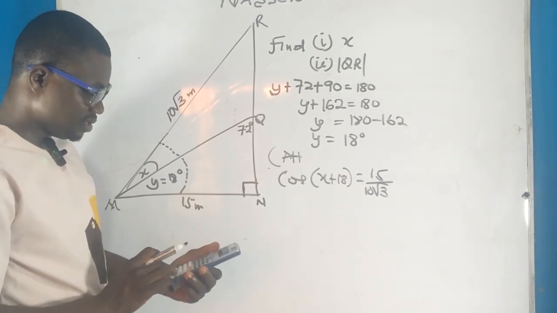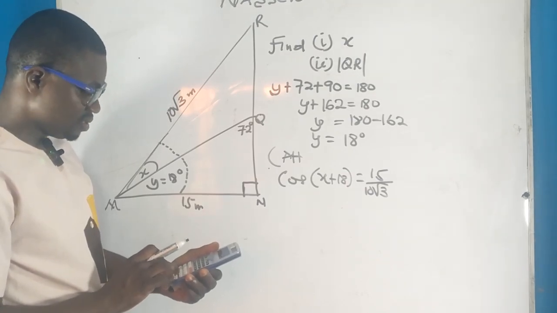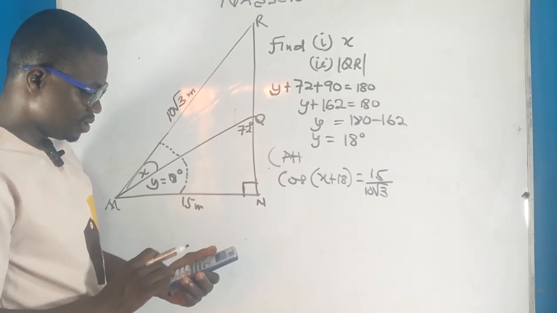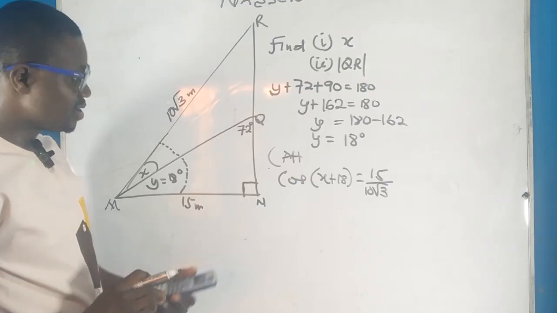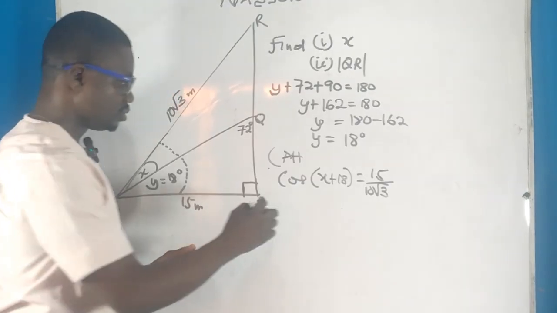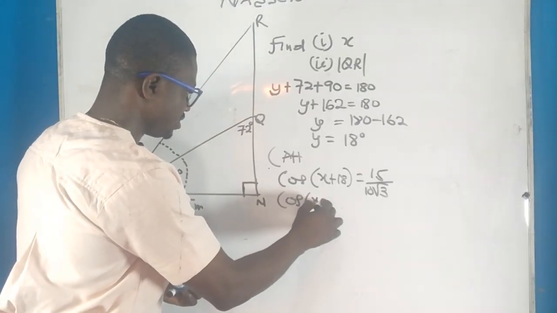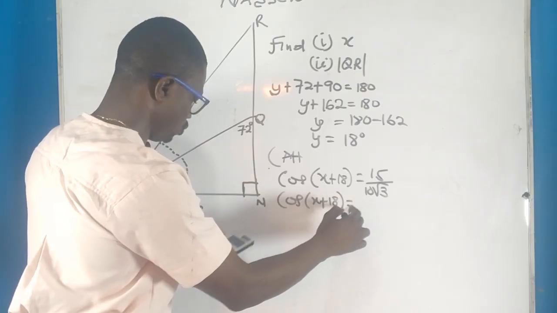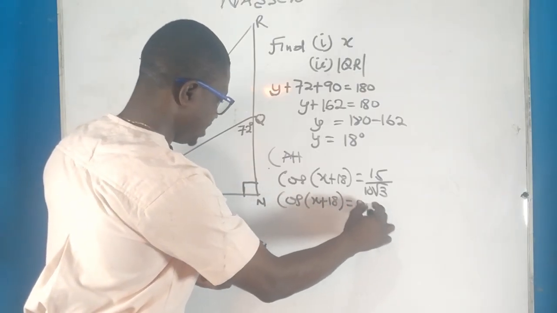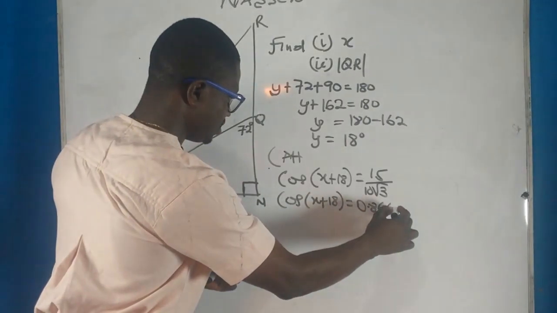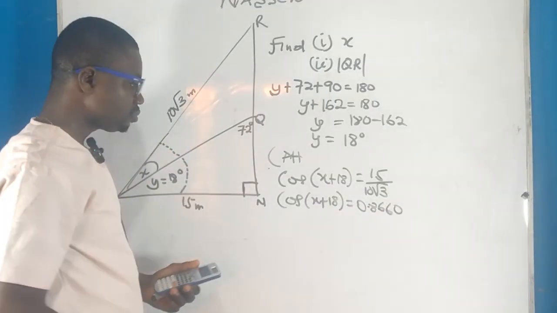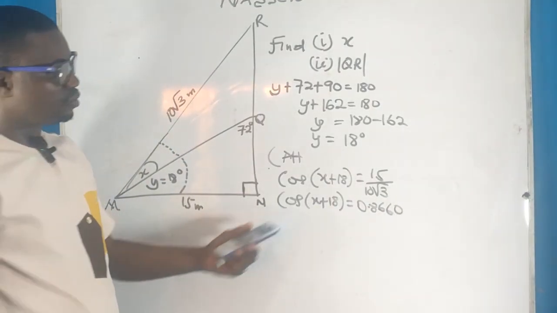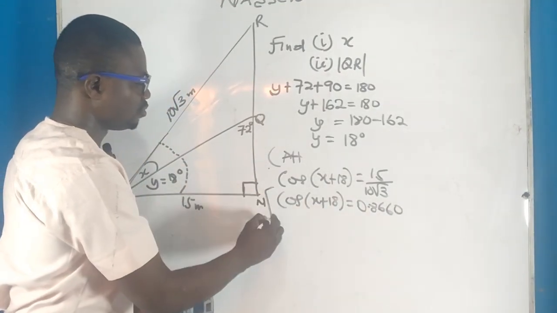So 15 divided by 10 root 3 is giving you cos of x plus 18 is equal to 0.8660.